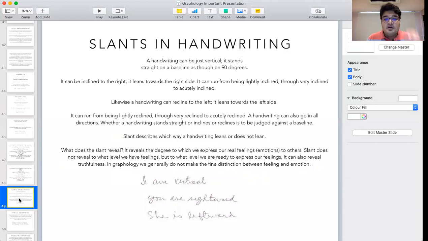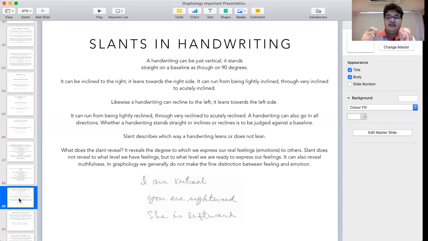It can run from being lightly inclined, through very inclined, to acutely inclined. All right. Likewise, a handwriting can recline to the left. It leans on the left side. It can run from lightly reclined, through very reclined, to acutely reclined.